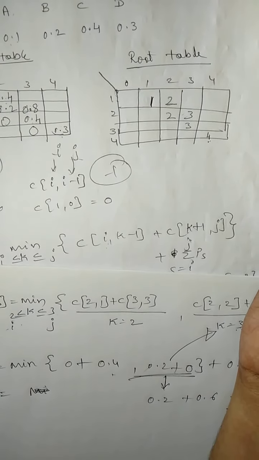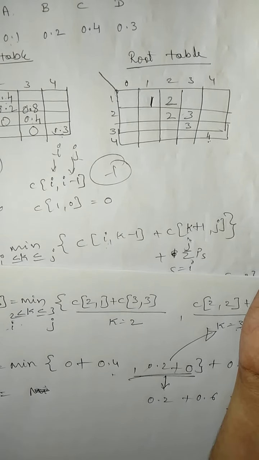So this is for k value 1, this is for k value 2, this is for k value 3. If we have k value as 1, look at the formula. So it is C[i, k-1] where i is 1 and k-1 is 0, plus C[k+1, j], that is C[2,3].